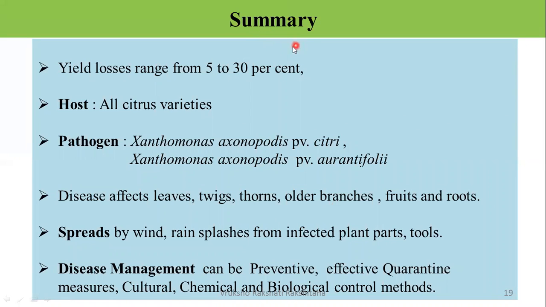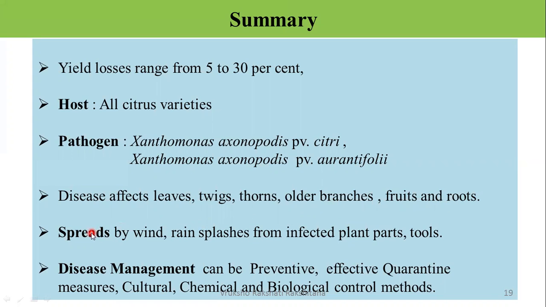So in summary, the yield losses range from 5 to 30%. The hosts are all the citrus varieties. Pathogens are Xanthomonas axonopodis pathovar citri and Xanthomonas axonopodis pathovar aurantifolii. This disease affects leaves, twigs, thorns, older branches, fruits, and in severe cases it affects the roots.